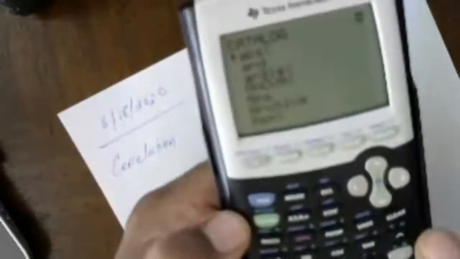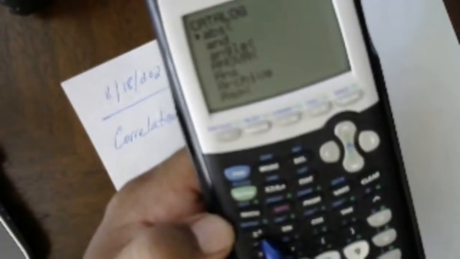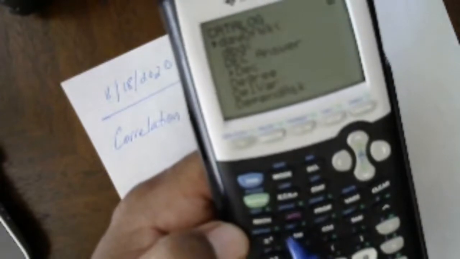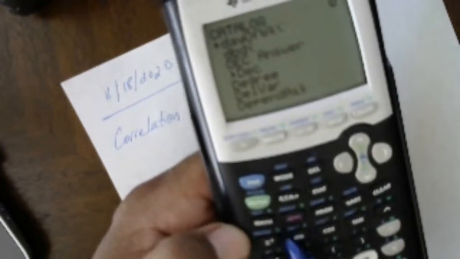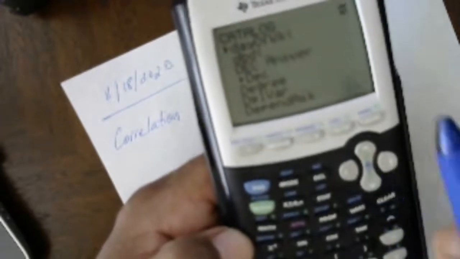So if I were to turn on my diagnostics, I'm going to go into catalog, which is second and 0. I want to scroll down to D, or if I look at my green characters, I see that D is above this X inverse symbol. So if I hit that, I'll kind of cheat and take me to the D's.